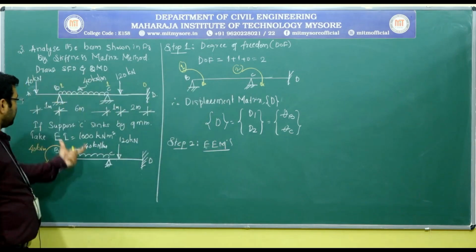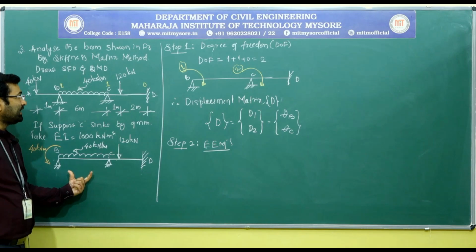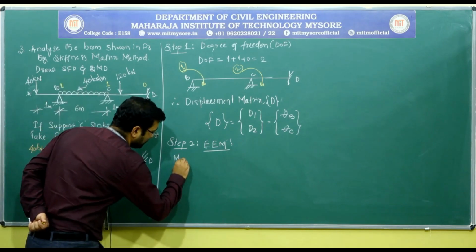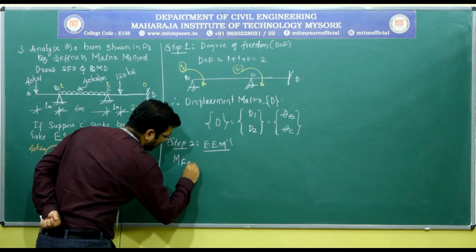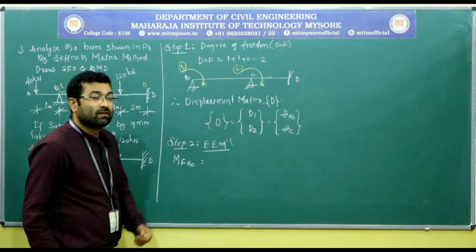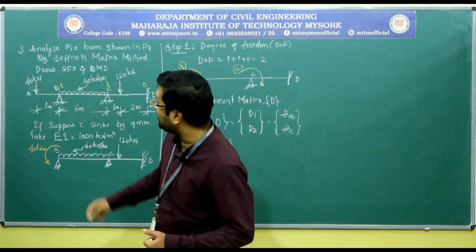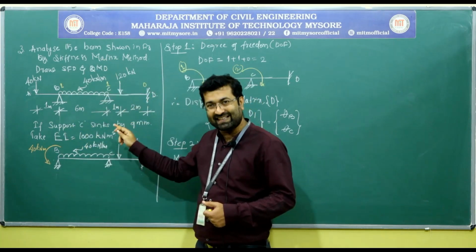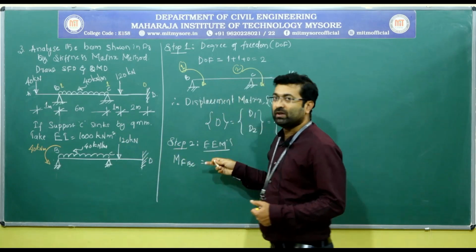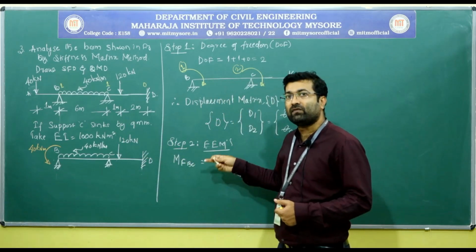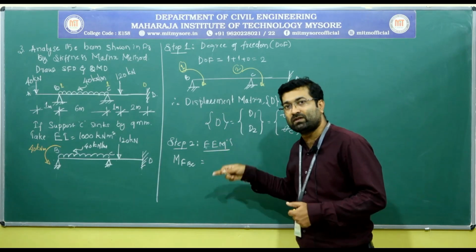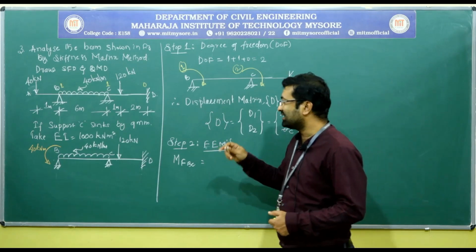Here you can see the BC span is loaded with a UDL, so I can easily calculate FEM BC. But whenever we are calculating the fixed end moments for a problem which has undergone sinking, we need to consider the effect of sinking also here only. Means while calculating the fixed end moments we need to consider the effect of sinking.